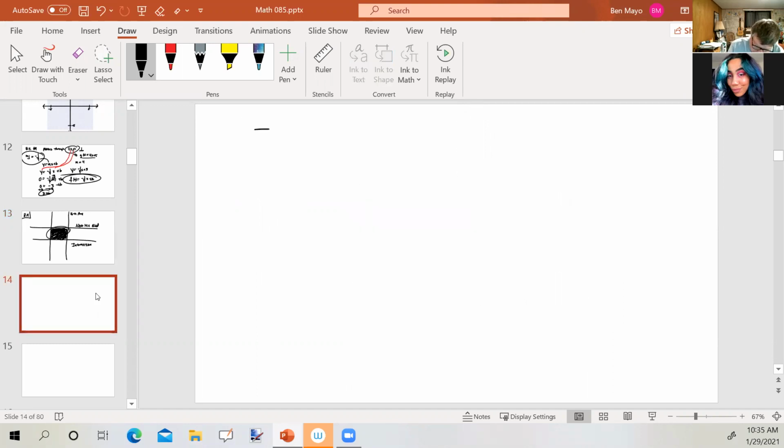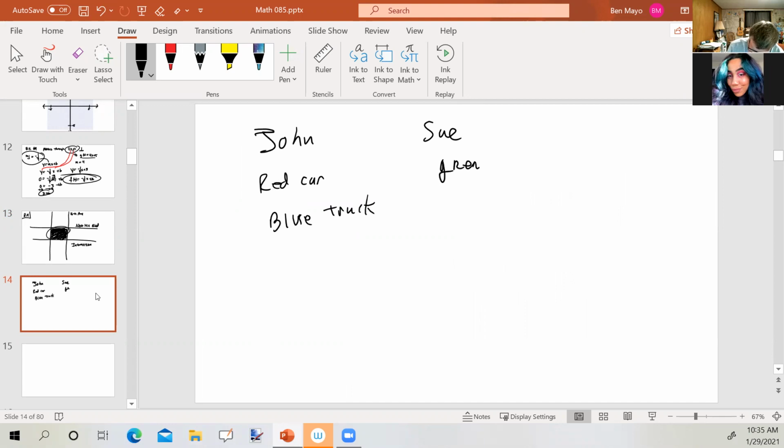All right. Now, what if John and Sue got married and John had, let's see, what does John have? He has a red car and a blue truck, and Sue has a green car and an orange bicycle.